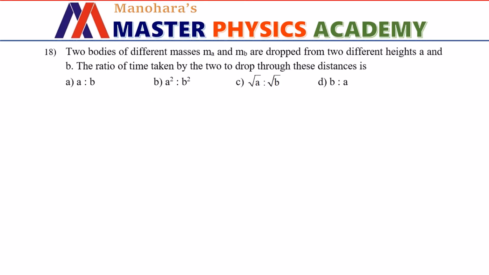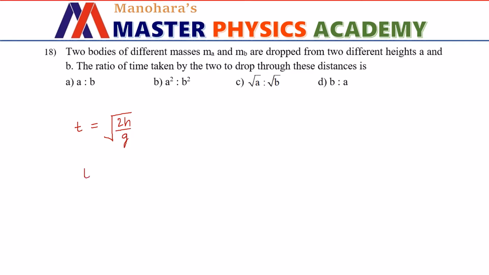Two bodies of different masses MA and MB are dropped from two different heights A and B. The ratio of time taken by the two to drop through these distances is. The time taken by the body during free fall from a certain height, say h, is given by root of 2h divided by g.